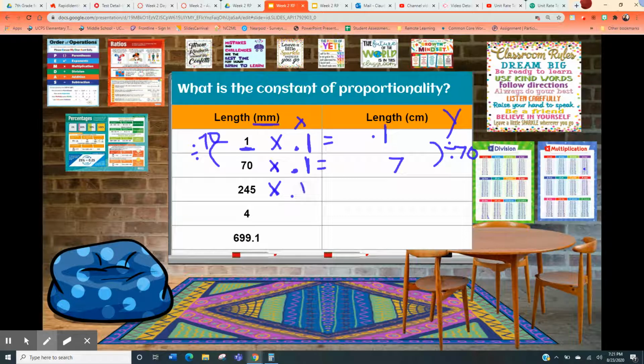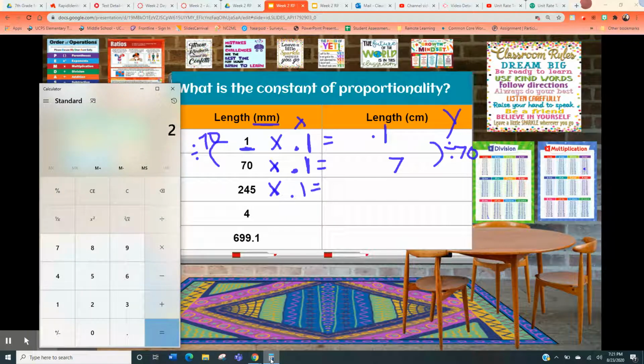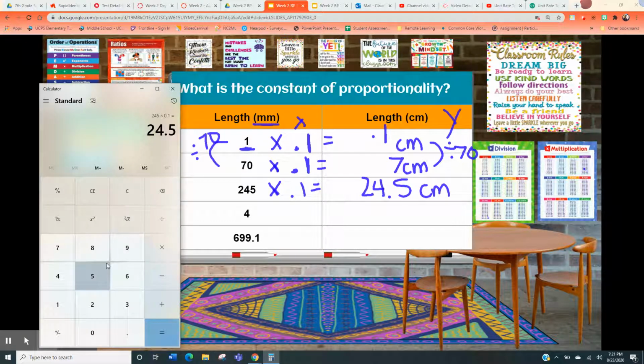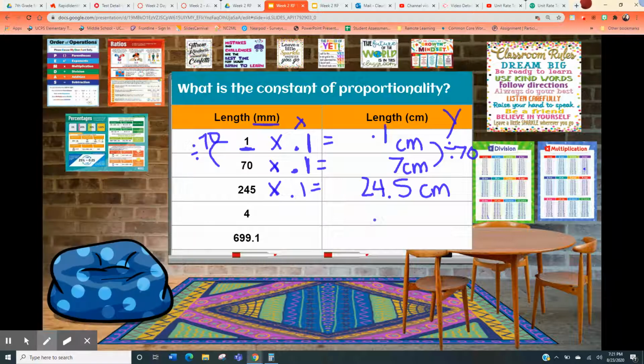245 times 0.1 gives me 24.5. Oh, and I forgot to put centimeters. Let's go ahead and check 4. 4 times 0.1 gives me 0.4 centimeters.